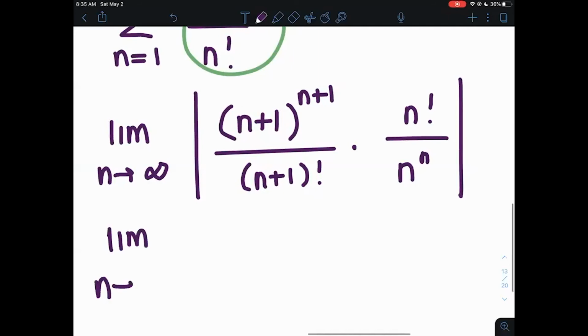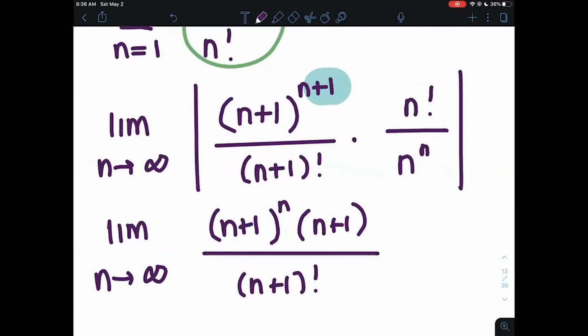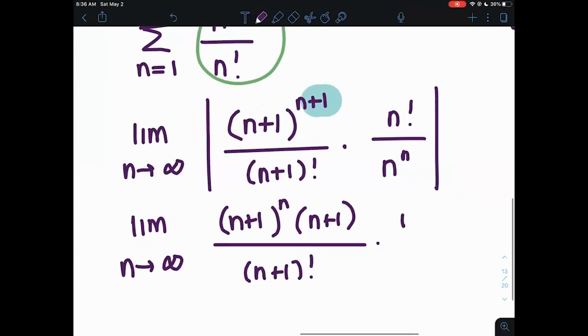So let's start working with this. I'm going to separate my first numerator so that I have n plus 1 to the n power, and then I still have this plus 1, so I just have n plus 1, over n plus 1 factorial times n factorial over n to the n power.